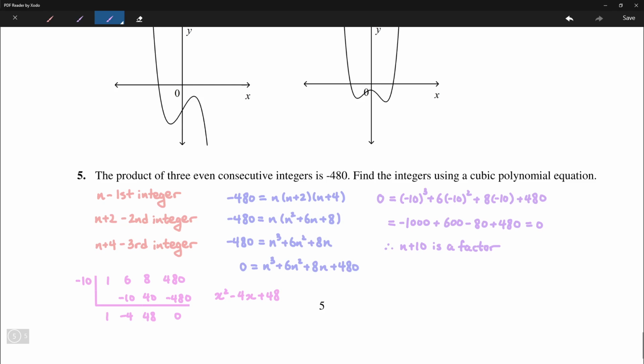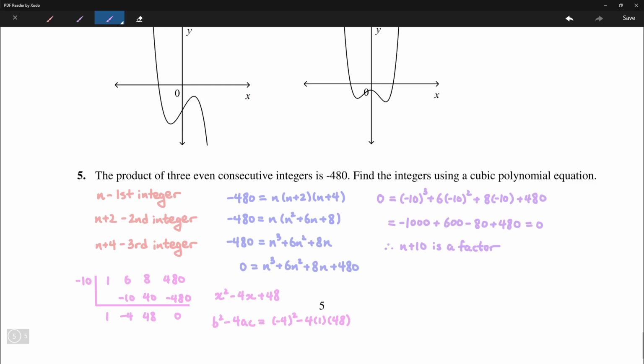Now we need to show that there's no other factors and therefore no other solutions here. And we'll do that with the discriminant. So b squared minus 4ac. So in this case, this would be negative 4 squared minus 4 times 1 times 48.